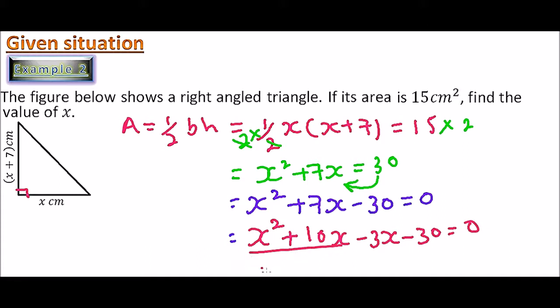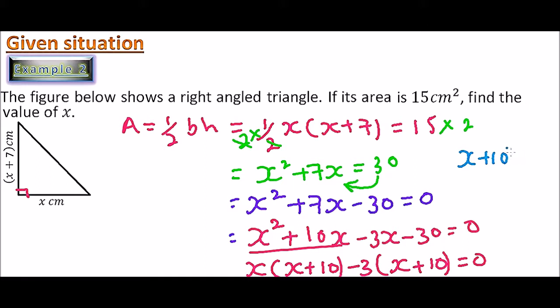Here we factor out x, so we have x into bracket x plus 10, and here we factor minus 3, so we have x plus 10 equals 0. From there we get x plus 10 and x minus 3 equals 0.